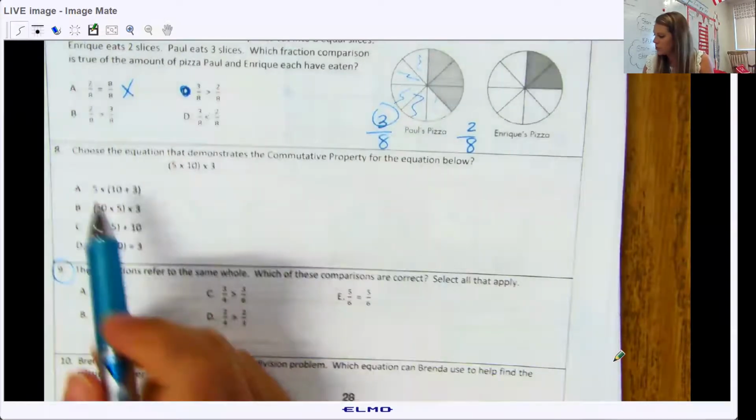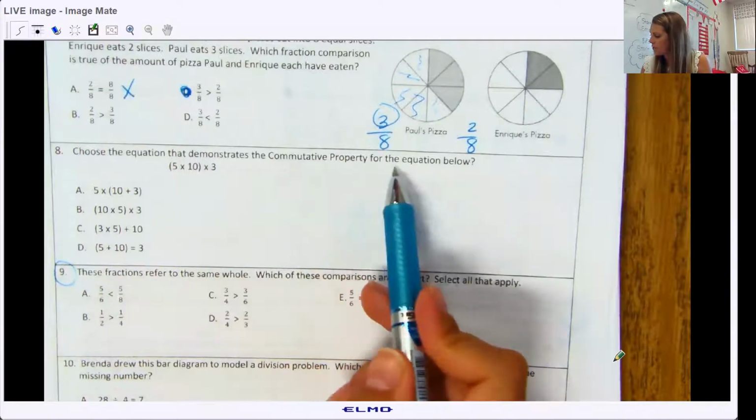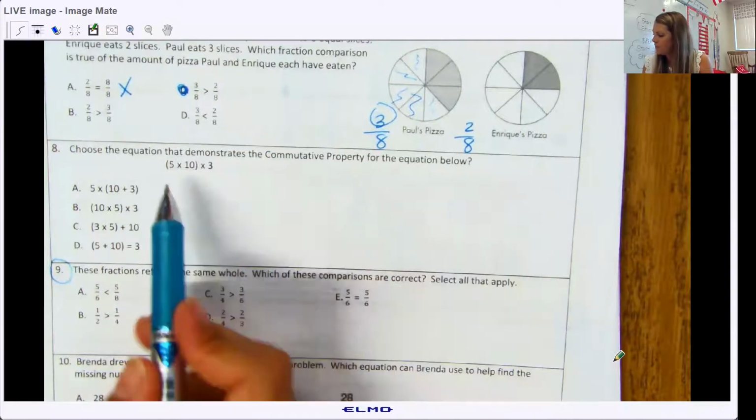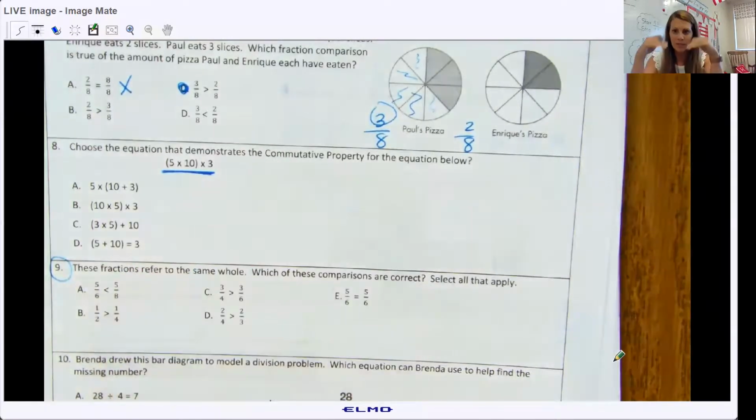Number 8, choose the equation that demonstrates the commutative property of the equation below. If you don't remember the commutative property, it involves parentheses. The only thing that changes are the parentheses. Okay, so take a minute, see if you can find your answer.